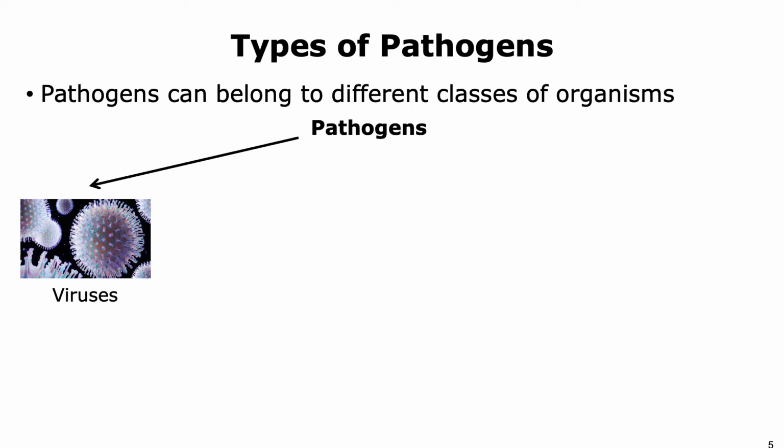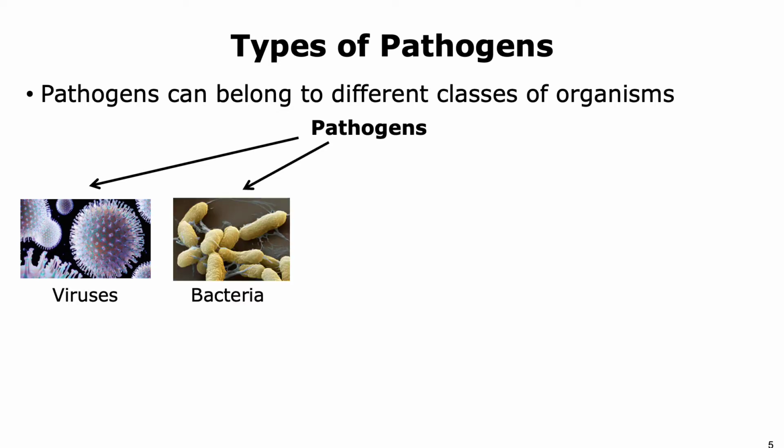However, it should be remembered that viruses are considered non-living. So even though they are non-living, they have the ability to infect a host, and hence they're considered as pathogens. Another class of pathogens are bacteria. These are unicellular prokaryotic organisms that can cause a wide variety of infectious diseases.